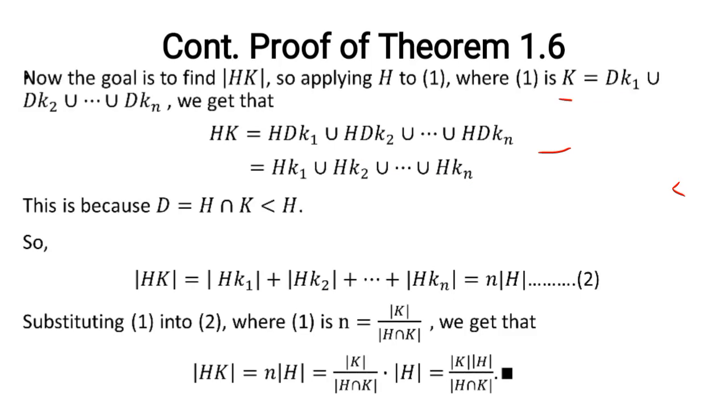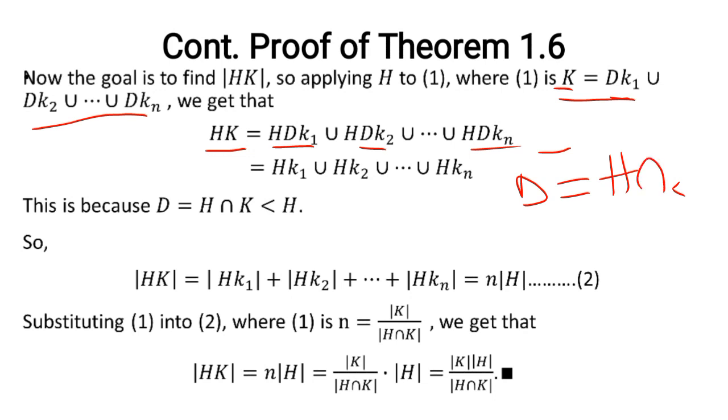So the relationship which you saw for K, which is this, if I bring in H all through, so H will be in front here and all over each of the terms there. You see, H comes in, H comes in. But HD, what is D again? You know D is H intersection K, right? And you know that as much as H intersection K is a subgroup of K, it's also a subgroup of H. Is that true?